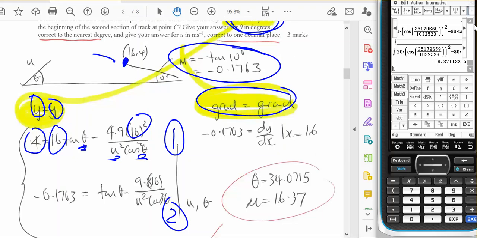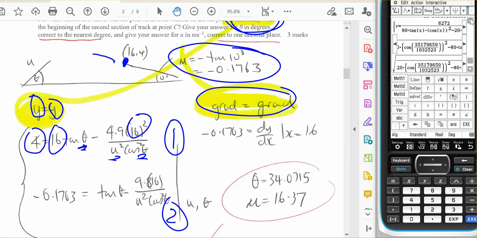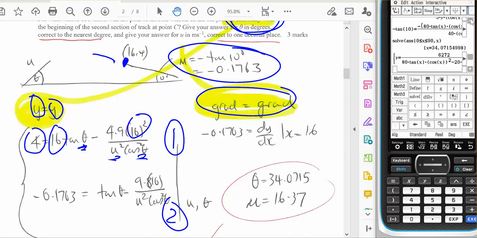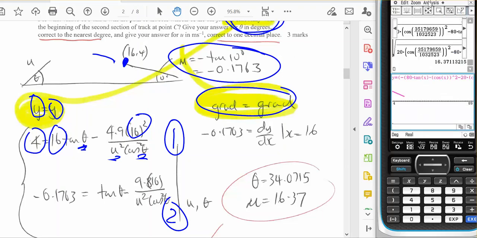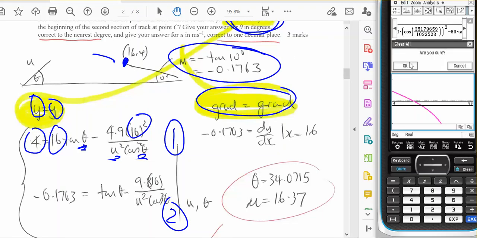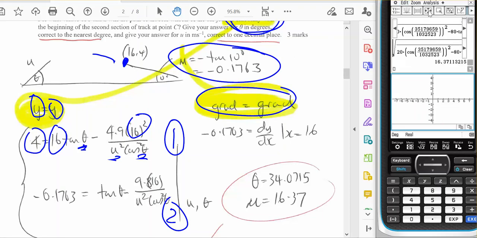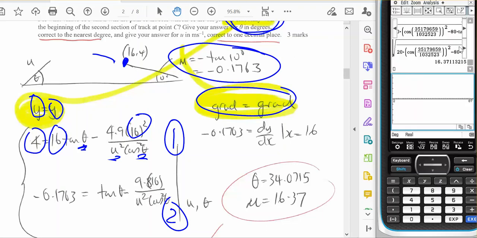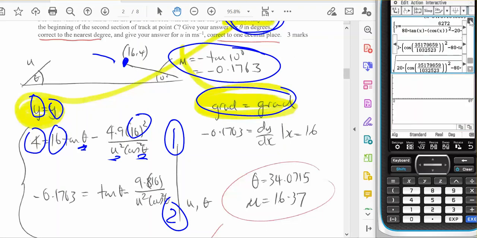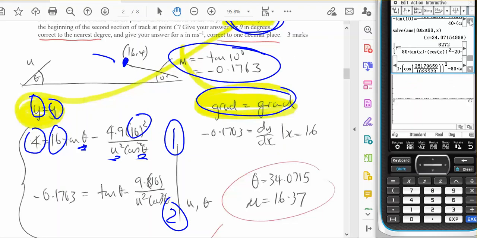Now, what if your calculator didn't do this solving? On my graphing window, I'd like to edit, clear all, OK. Thinking about my window, my angles are going to go up to 90 degrees. My gradients need to go down to negative. I'm trying to solve this equation here.